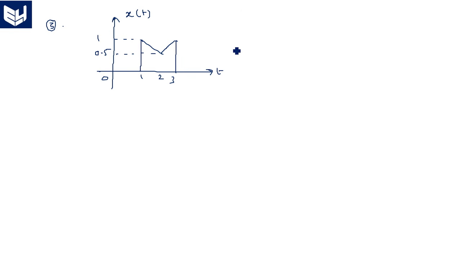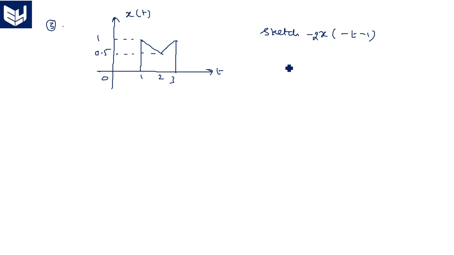These are the instants. Now you are asked to sketch x of minus 2, x of minus t minus 1. So minus 2 into x of minus t minus 1.